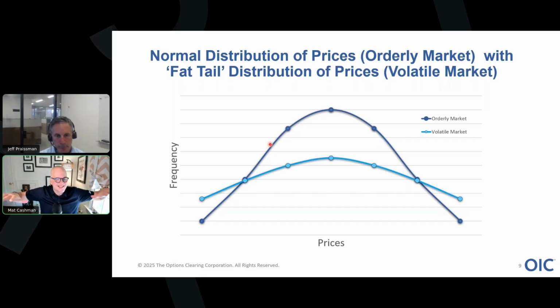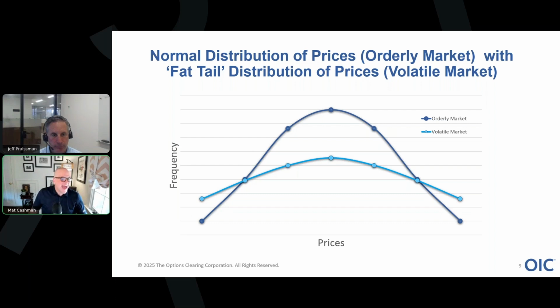Different settlement prices that might not have been on the horizon before are now a part of that price distribution. These areas, 3 standard deviations, 4 standard deviations, 5 standard deviations away from the mean, start to take on more of a likelihood in these fat tail distribution models, in the way that differing prices come into the melee, as it were, as to how and where the stock or the index might settle.